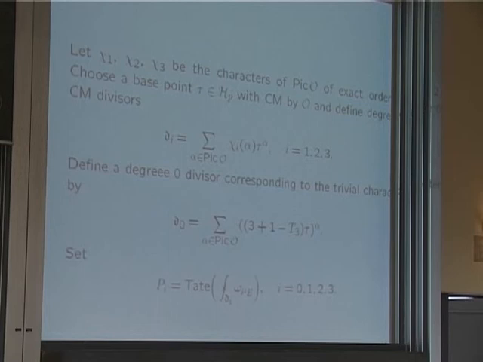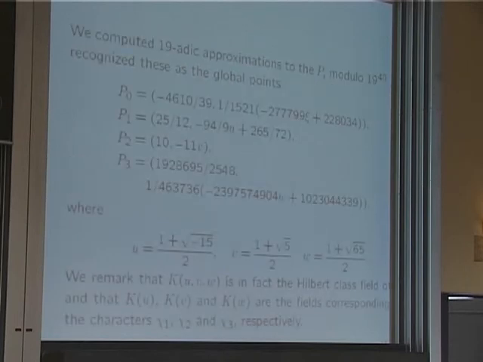And if I set pi equal to the image under the Tate uniformization of the corresponding multiplicative integrals over these degree 0 divisors, and carry out the process I tried to describe a moment ago or in the last half hour, then one can compute these 19-adic approximations, which can be recognized as these global points, which live in the Hilbert class field of Q of root minus 195. So this gives you a nice rank 4 Mordell-Weil group.